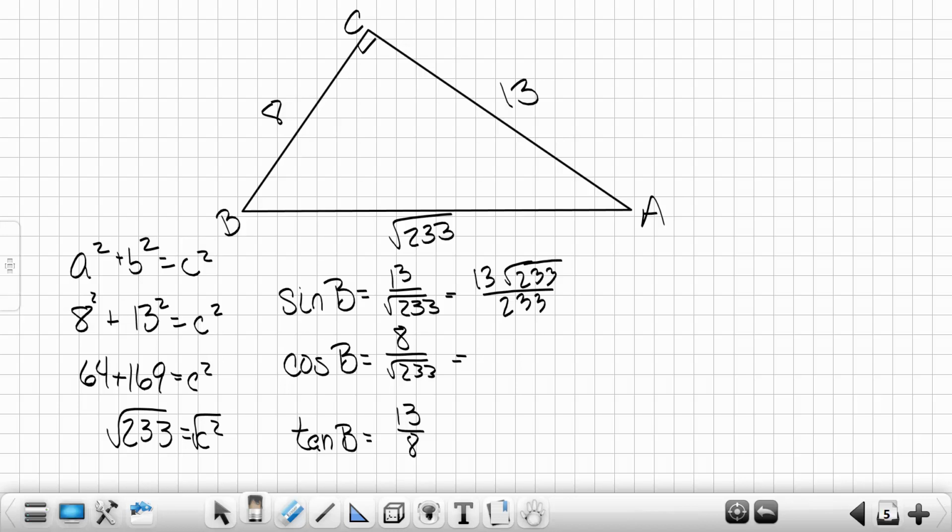We're multiplying the numerator and the denominator by square root 233 over square root 233, but we don't want to take up all that room, and at this point in our lives, we really should have this shortcut down. I was feeling so good about yesterday, and now things just went downhill.